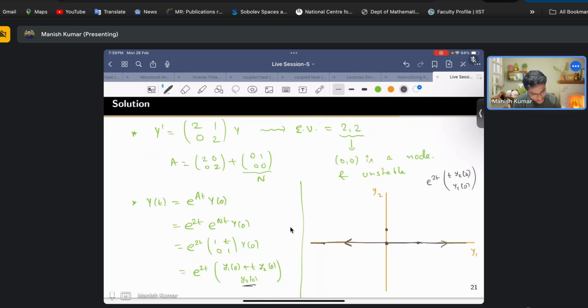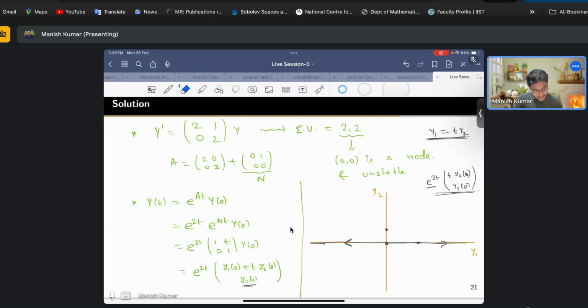You can clearly see that both components are varying as a function of t, and if you plot it you will see that y1 is some t times y2, right? This kind of relation we have. Although t is there, we are not writing y1 as a function of y2, but y1(t) is equal to t times y2(t) from here, right? So you can plot it like this.